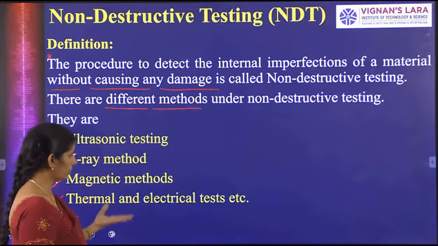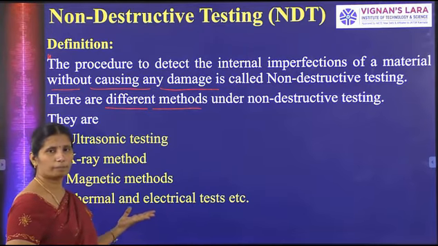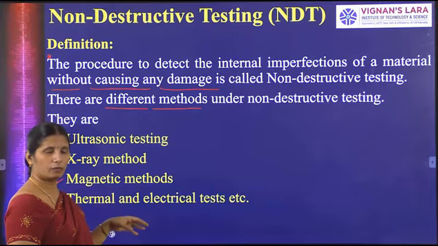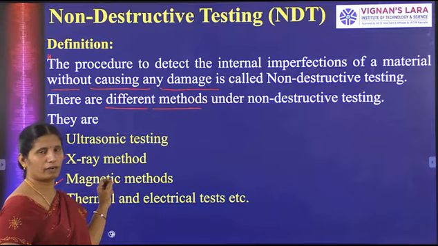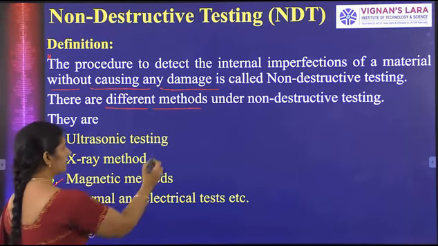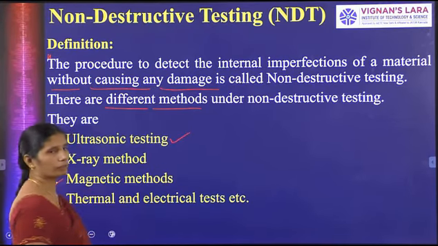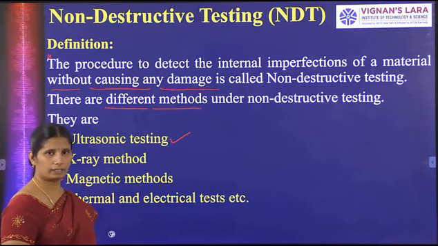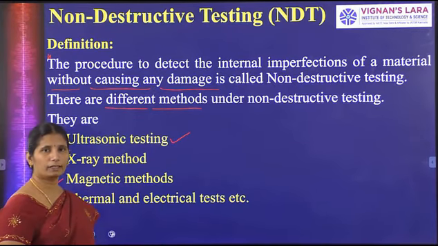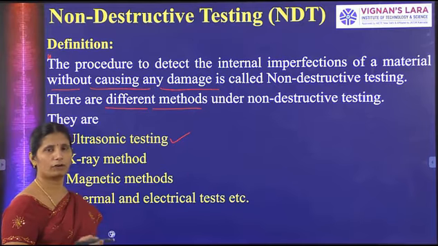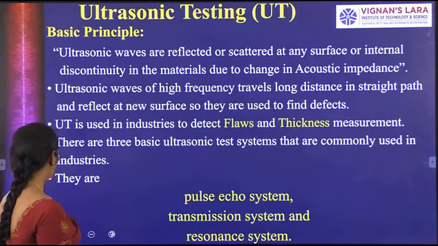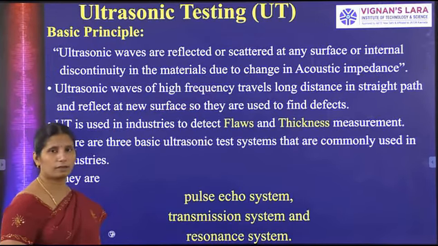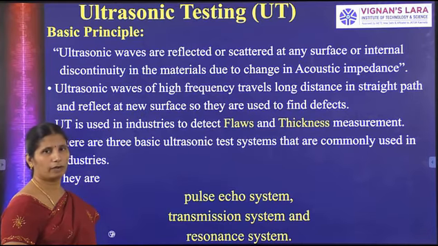Here we are concentrating on ultrasonic testing. Basically, non-destructive testing is a method to detect the internal imperfections of a material without causing any damage to that material. Ultrasonic testing is the most used NDT method.